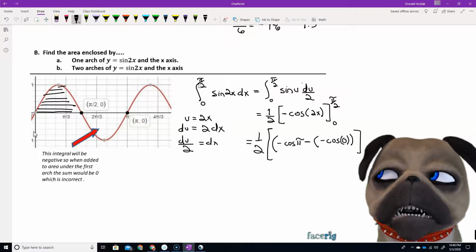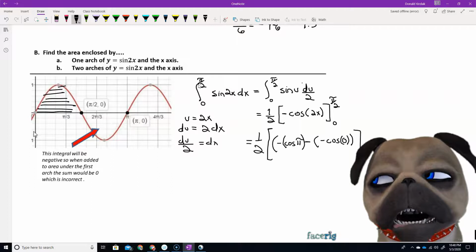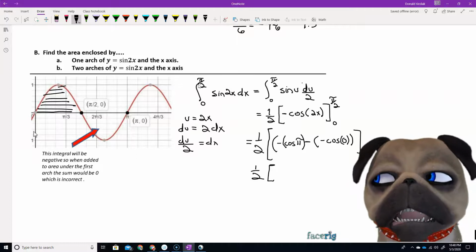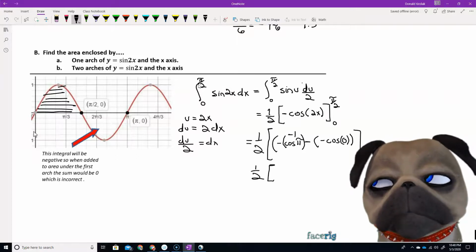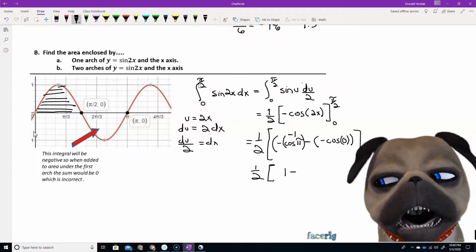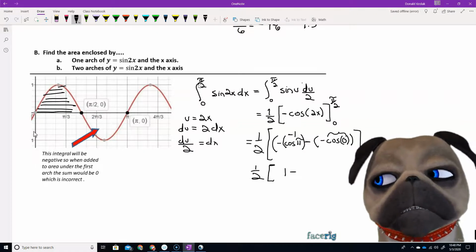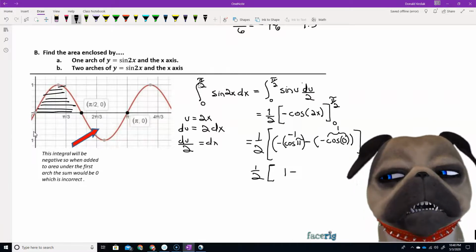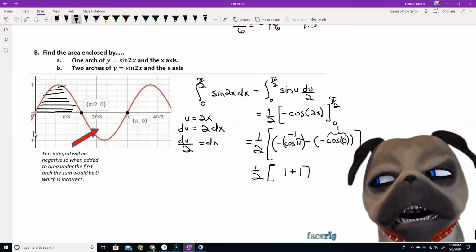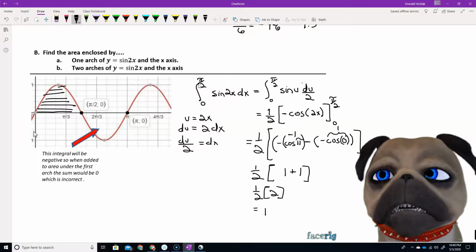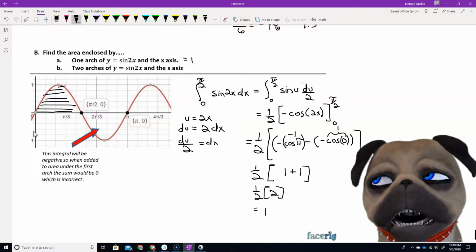Cosine at pi is equal to -1, so this is -1, and negative makes that +1. Cosine at 0 is 1, so I got -1, so that's +1. And then I got 1/2 of 2, which is 1. So that's the area under one arch.